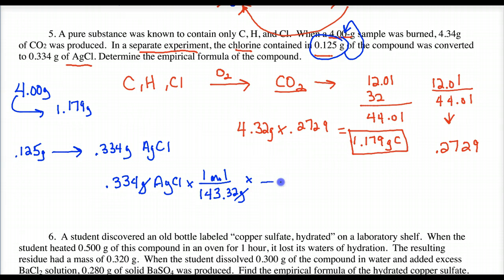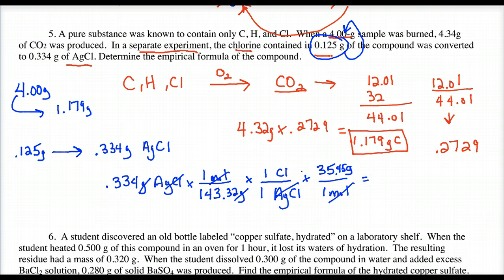And I know it's a 1-to-1 ratio, but it's not always going to be that way, so it's really good to do this. For every 1 silver chloride, I have 1 chlorine. That way we get moles of chlorine. And we can get grams, because for every 1 mole of chlorine, notice the moles cancel, I have 35.45 grams.